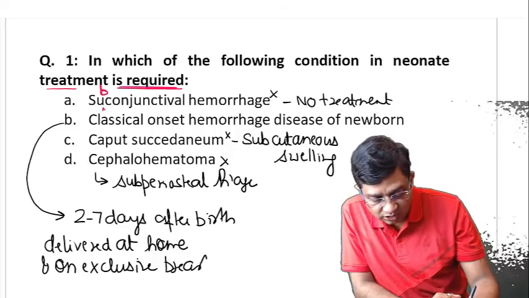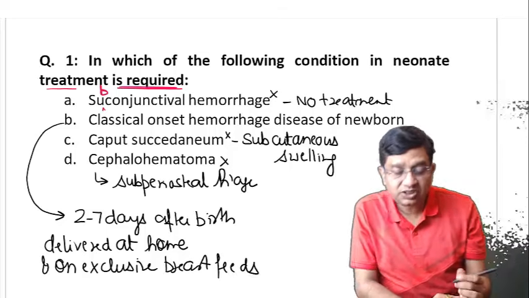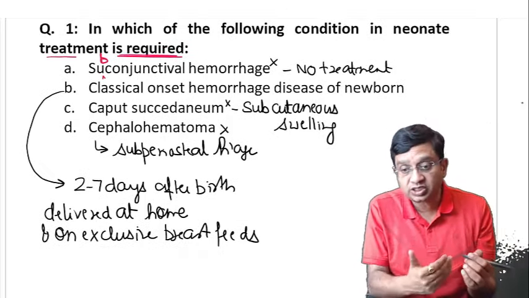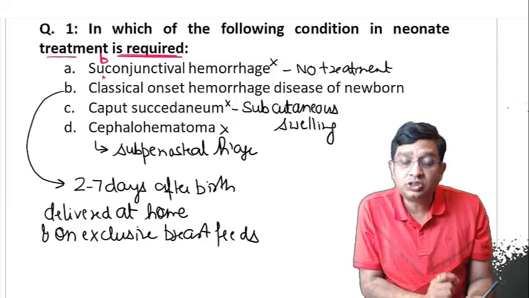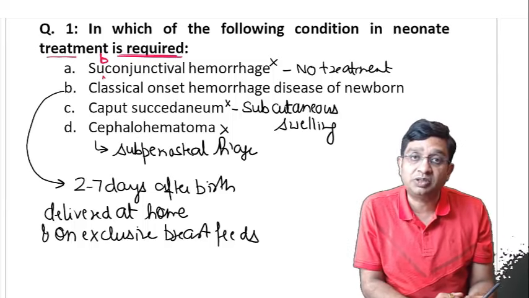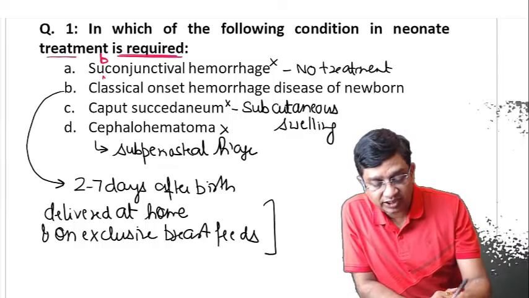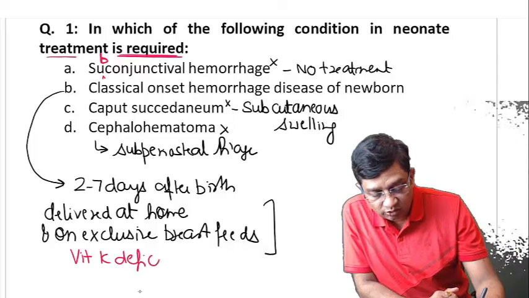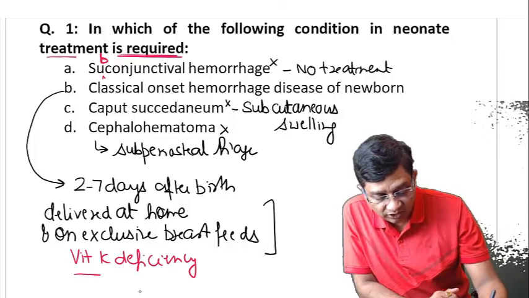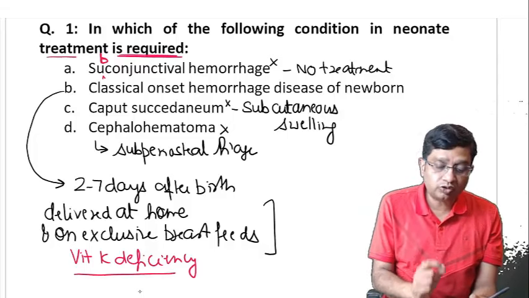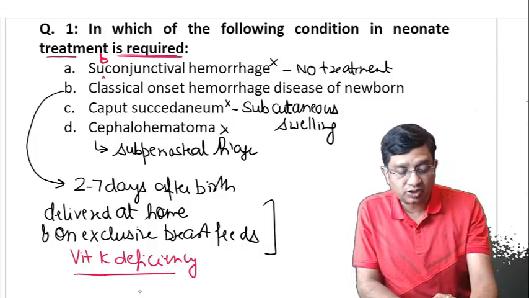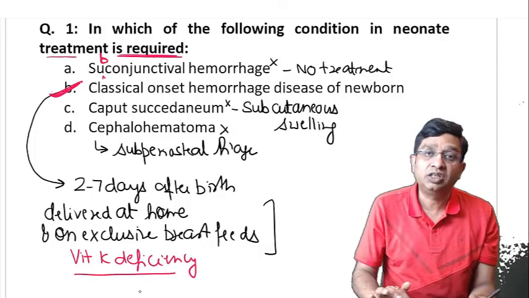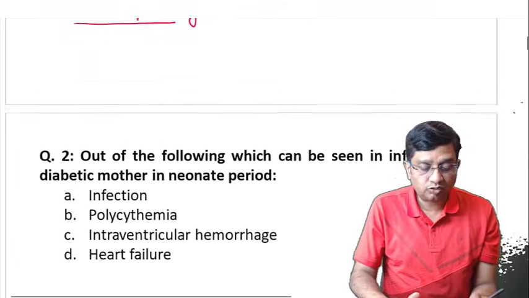The child was delivered at home, that means the child did not receive injection vitamin K. And the child is on exclusive breastfeeds, and the least efficient vitamin in breast milk is vitamin K. So this child indirectly has vitamin K deficiency, and this requires to be treated by injection vitamin K. So out of the 4 choices given, treatment is particularly required in the classical onset hemorrhagic disease of the newborn. Going on to the next question.